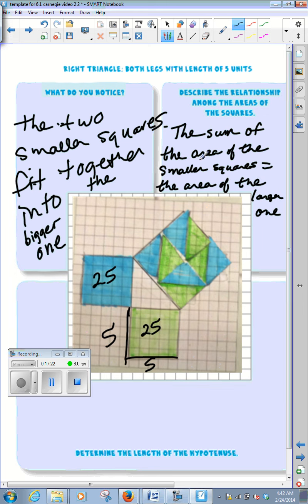So if you add together the area of the smaller squares, it's equal to the area of the larger square.